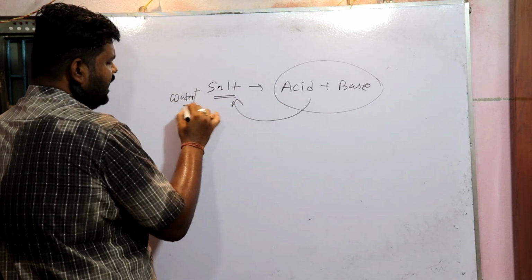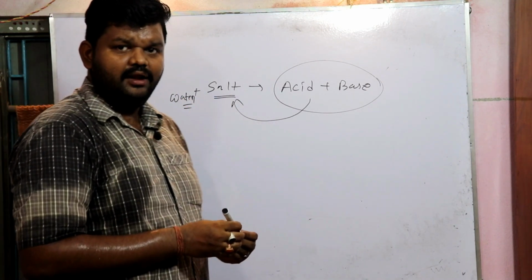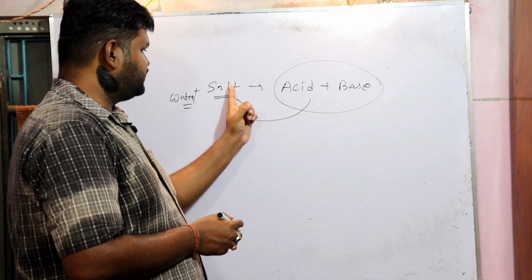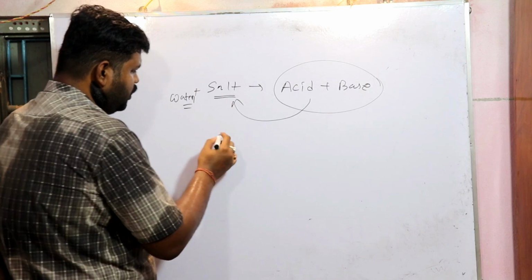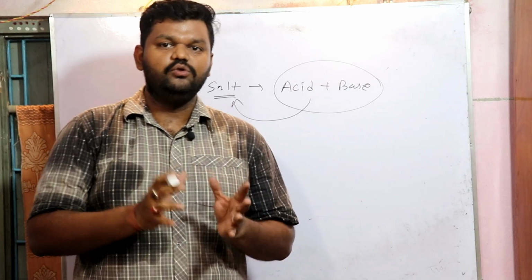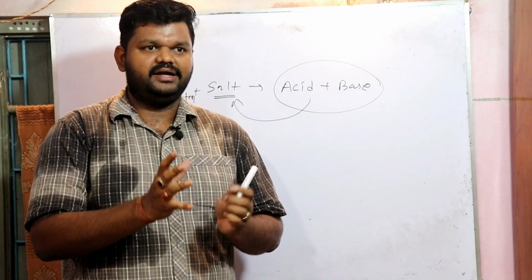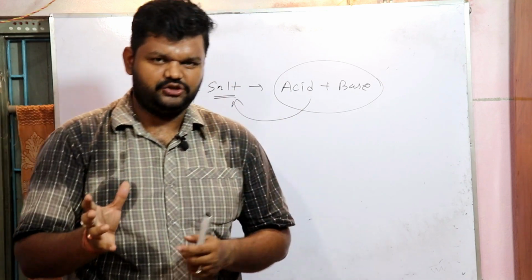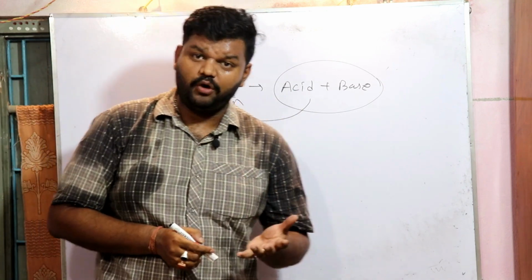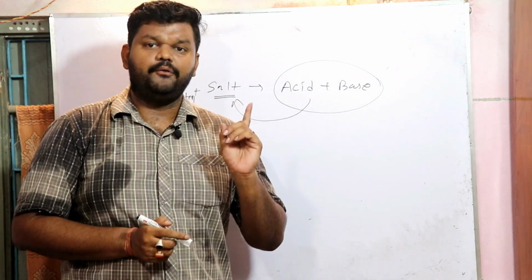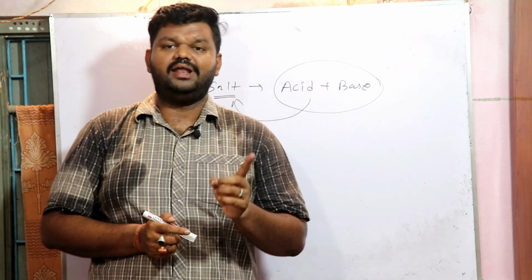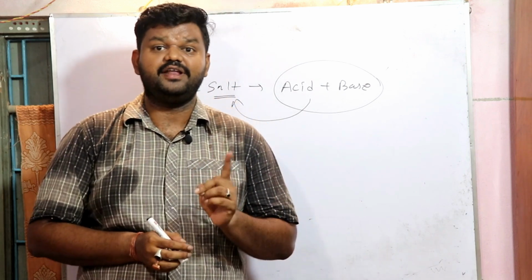In the next video, we will start from this, what is salt, and after that the indicators that are used to distinguish a basic solution from an acidic solution. The next video will be very important for your exam as well as for your knowledge. We will learn about salt as well as indicators, which will be very interesting.